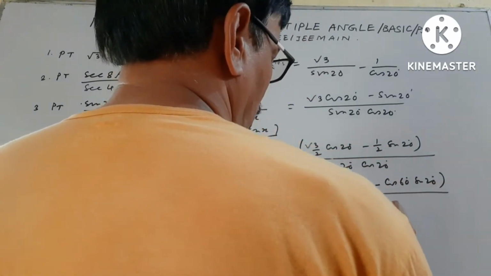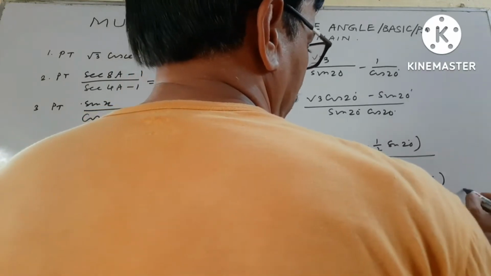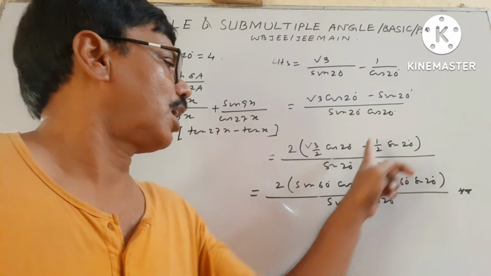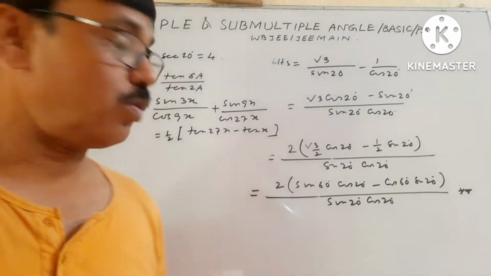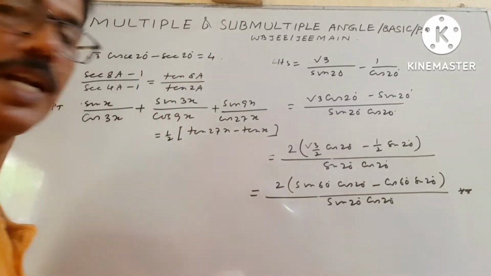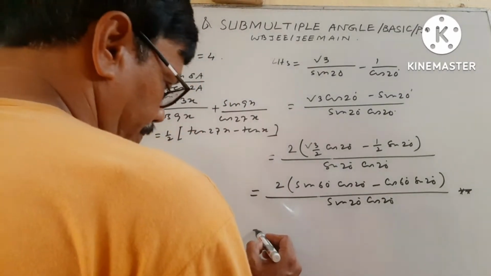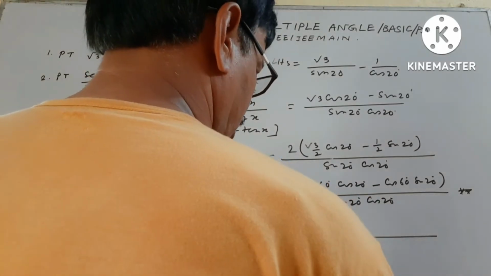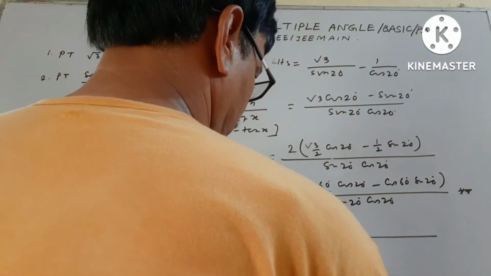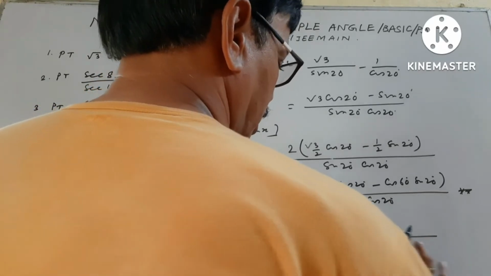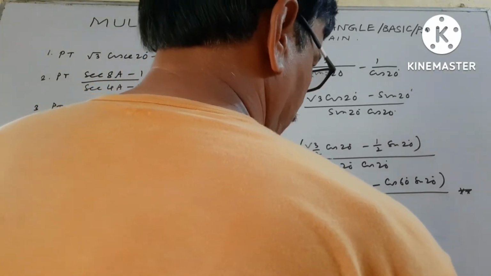So this step is to be noted: root 3 by 2 is sin 60, half is cos 60. Why are we using it? It is a well known formula, sin A minus B. So 2 of sin 60 minus 20, that is 40, over sin 20 cos 20.